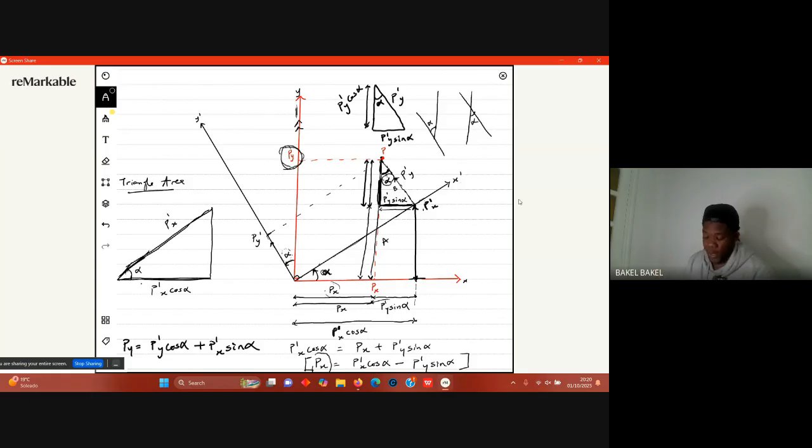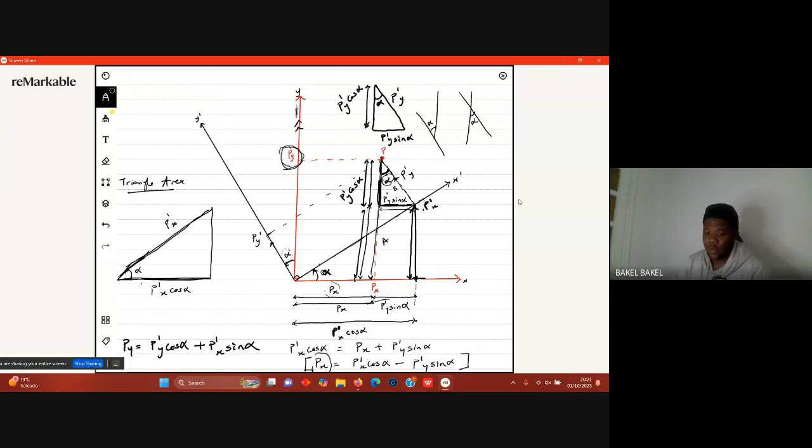So what that means now is this height we are looking for is P prime y cos alpha, whereas this height that remains is the same as this height here.